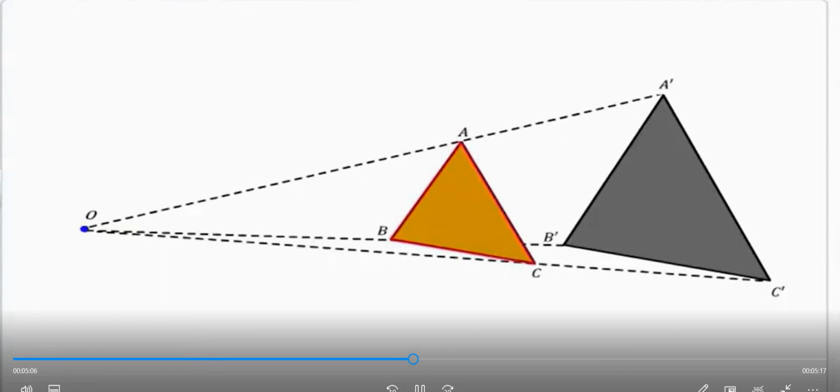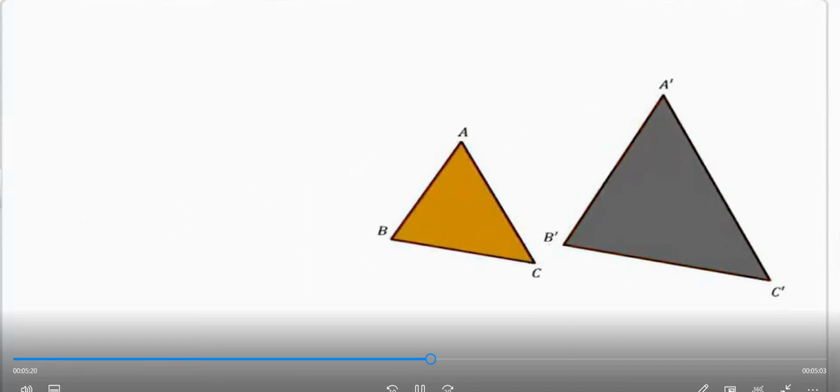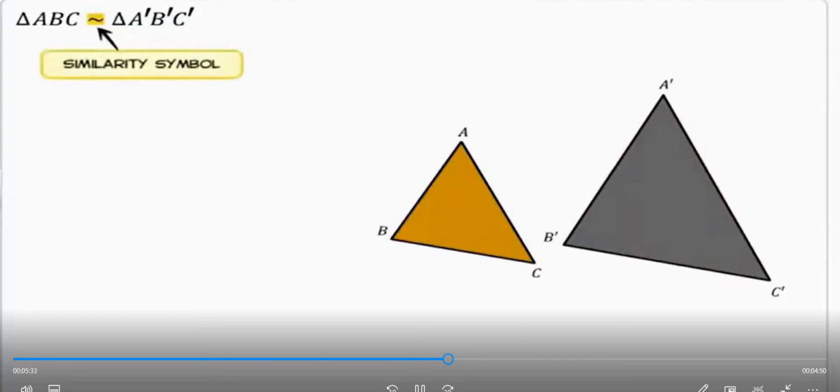This means that the triangles ABC and A dash B dash C dash are of the same shape. However, their sizes are different. So we can say that triangle ABC is similar to triangle A dash B dash C dash, and vice versa. Mathematically, similarity is represented as shown. Here, vertex A corresponds to vertex A dash. Vertex B corresponds to vertex B dash.